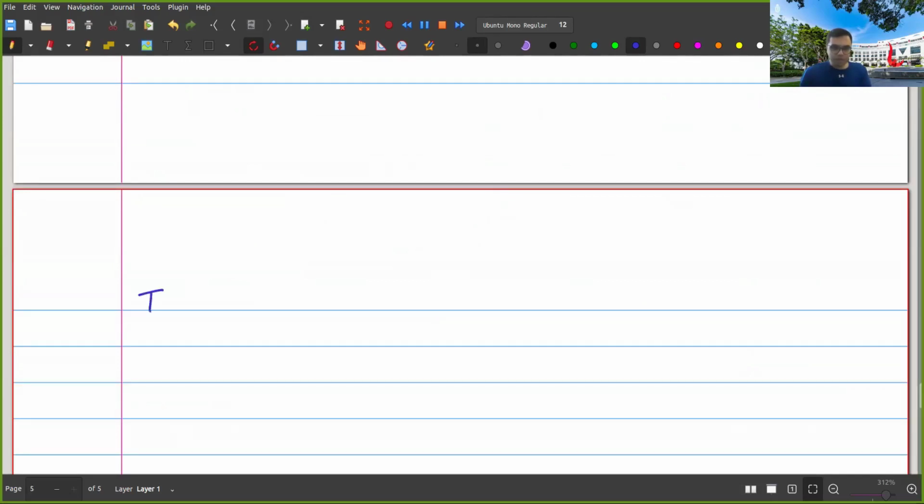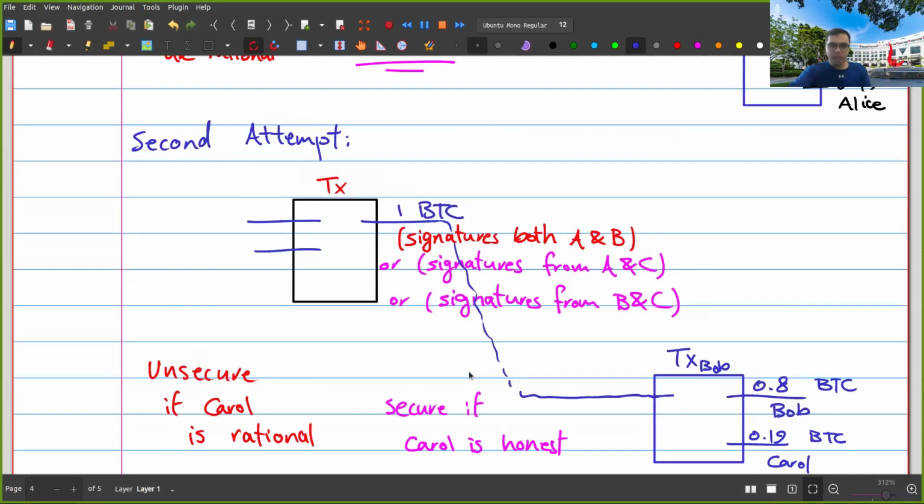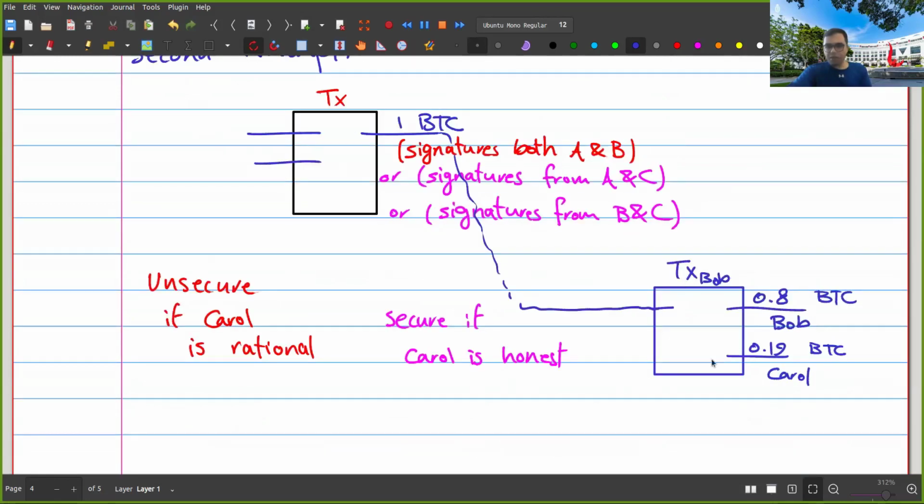So this is something that actually some of my students suggested last year in this course, but unfortunately, this also doesn't work. And the idea was that we want to create a transaction like this, but we want to make sure that no one can bribe Carol, right?